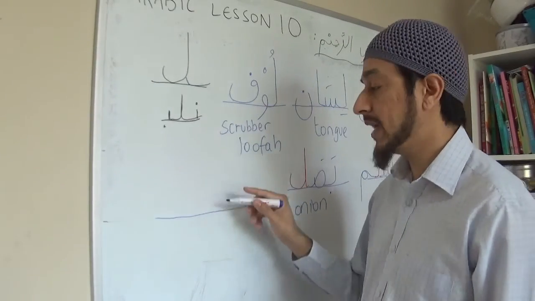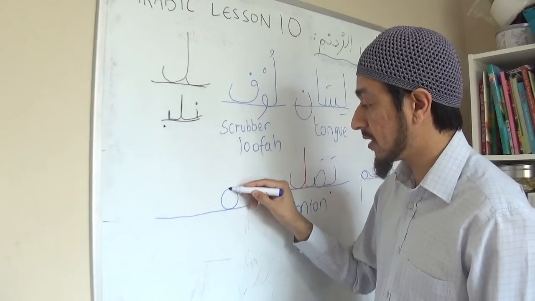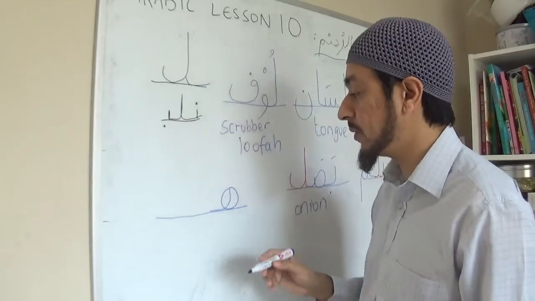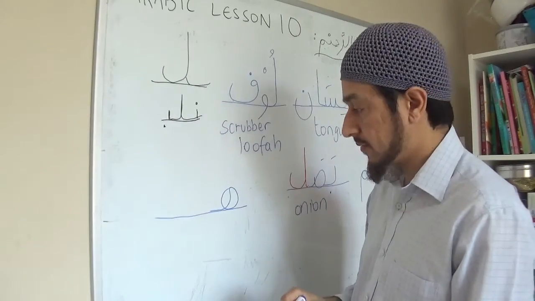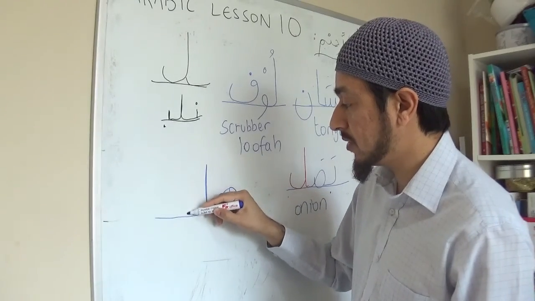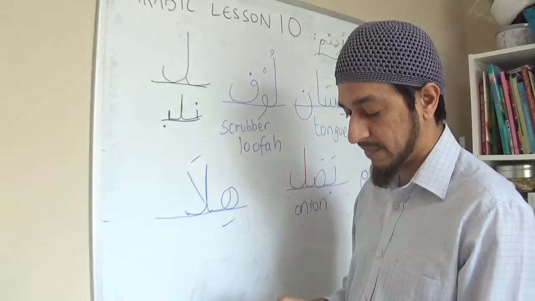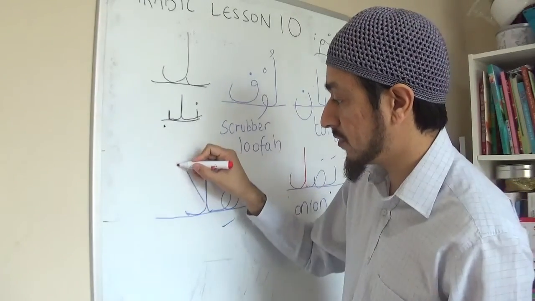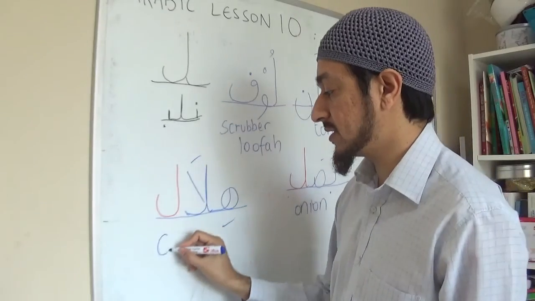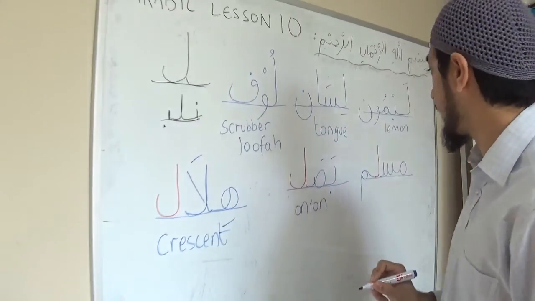So it wasn't hilal with the ha, it was a hilal, which you start like a circle, come back to the center, as you will learn when we come to ha anyway, and then here they're all lams now. So this is the lam that we're going to really practice in the middle just now. The alif comes from there, hilal, and finally the lam by itself in its full form, hilal. And this is crescent, the moon crescent.